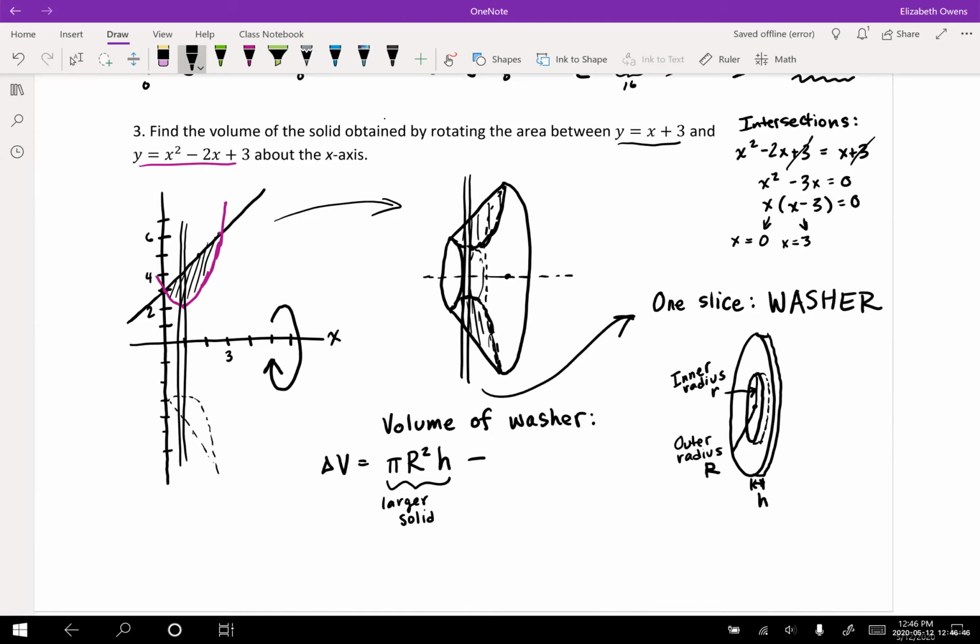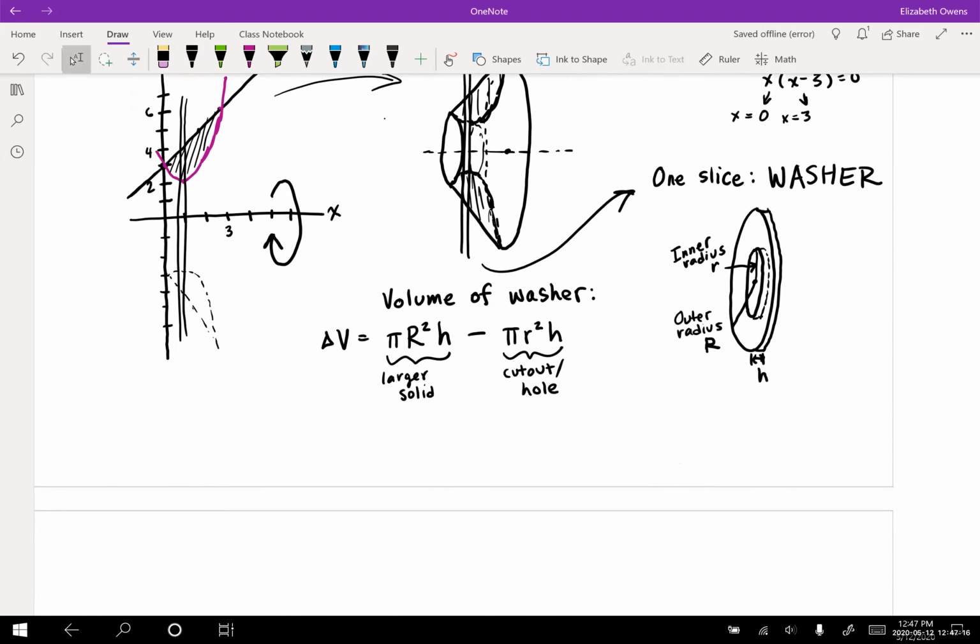And then subtract the cutout, the hole, pi little r squared h. Big dish minus small dish, if it looks like kind of a dish shape. All right, so that's our little change in volume there.